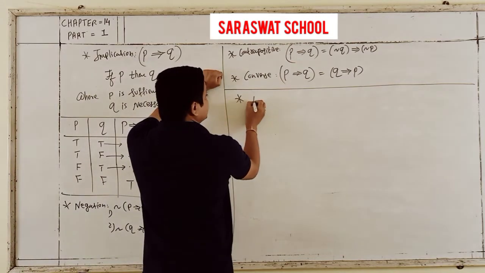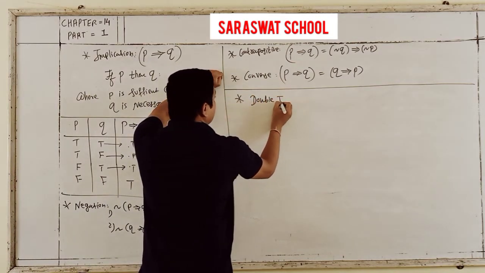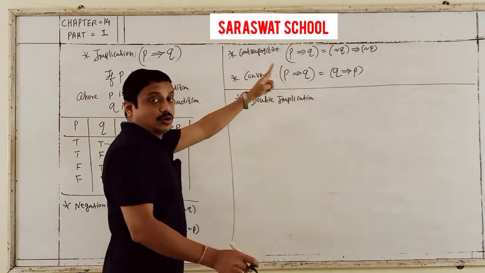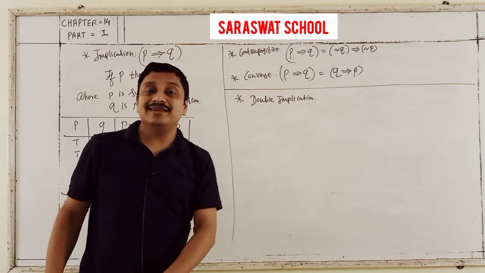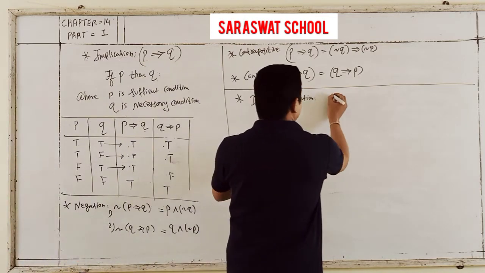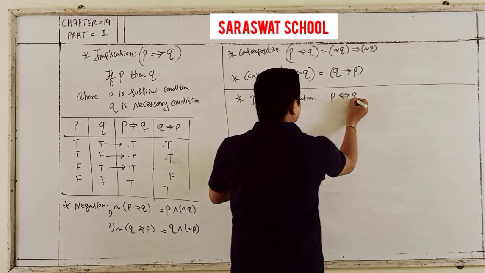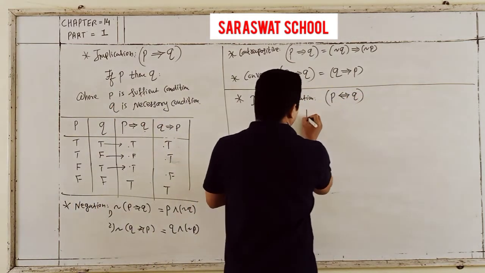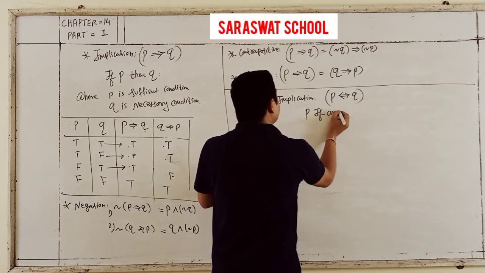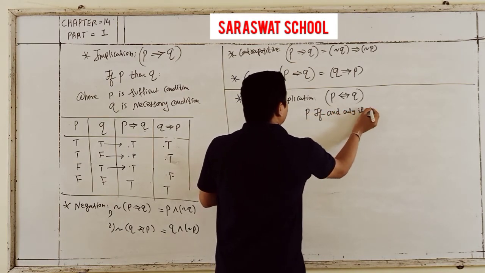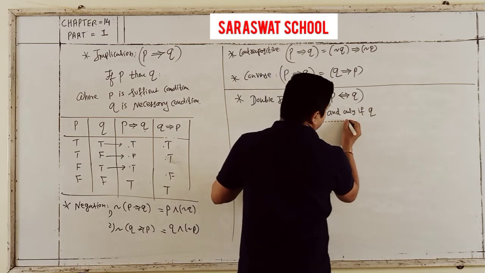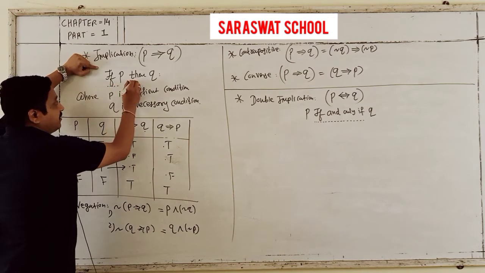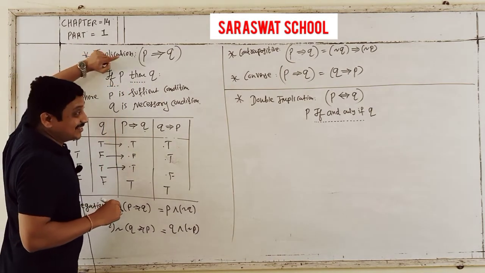I will show that here, because all the topics are combined in one way. Double implication means P with an arrow on both sides, and the meaning is P if and only if Q. You can convert this into implications: the 'only if' part and the 'if' part are each a single implication, but together that's the double.